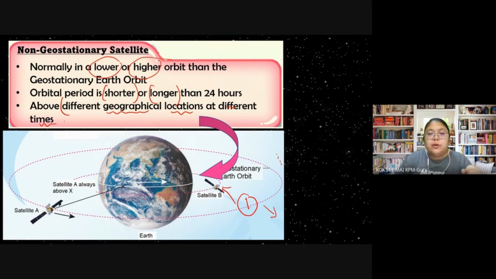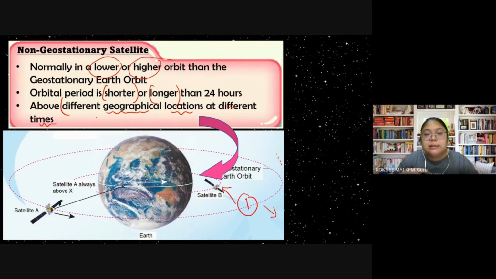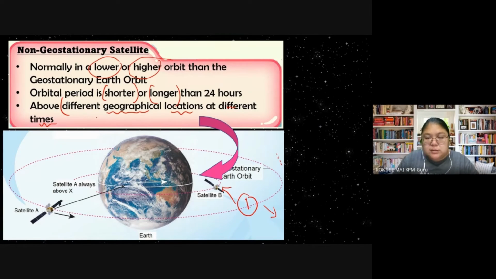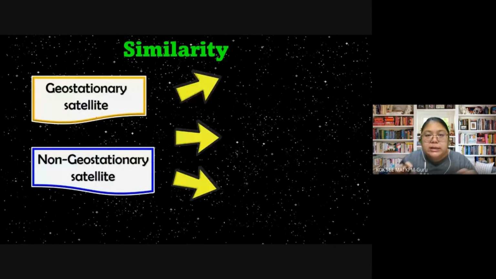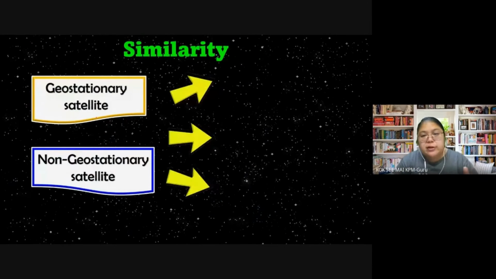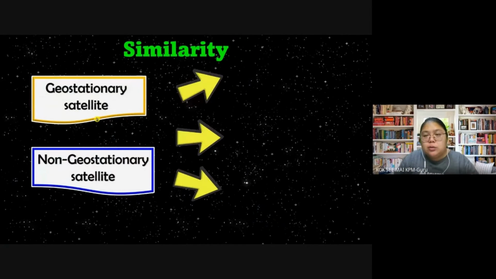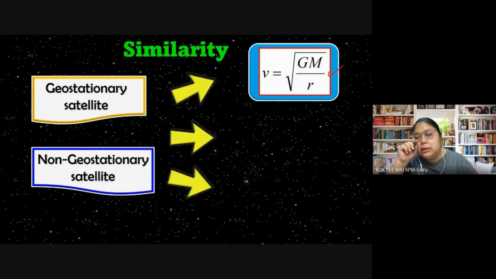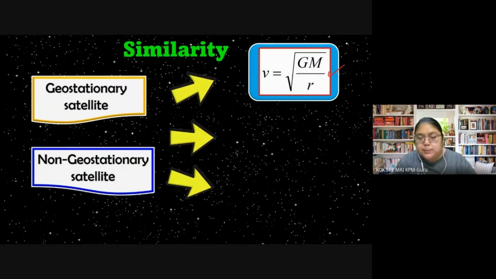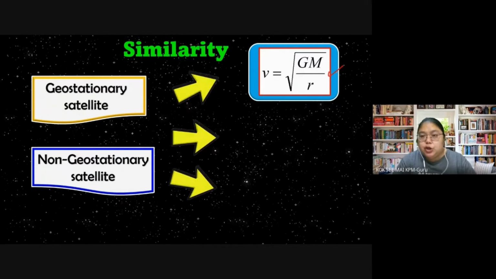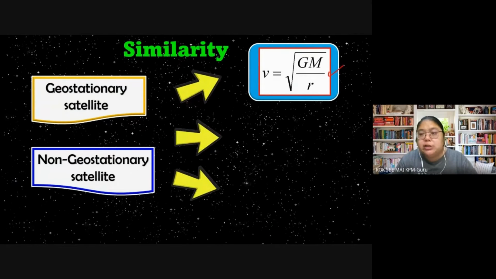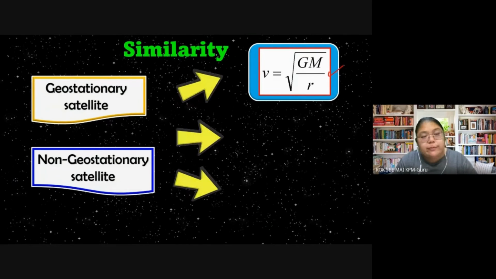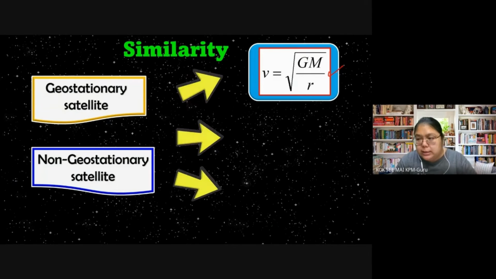Okay, so from here, we are going to see more specific differences. What is the similarity, and what are the differences? Things that are the same, the formula is certainly the same. We use the same formula to find the linear speed, whether it is a geostationary or a non-geostationary satellite, because they still orbit the Earth.